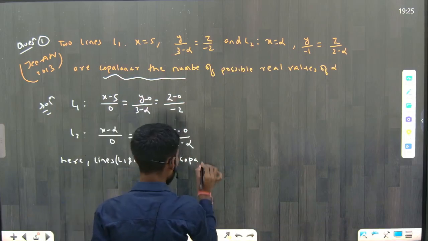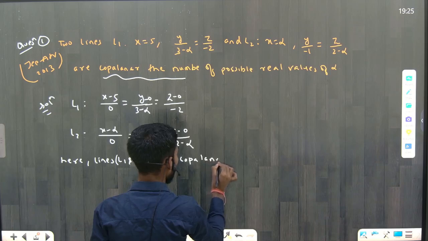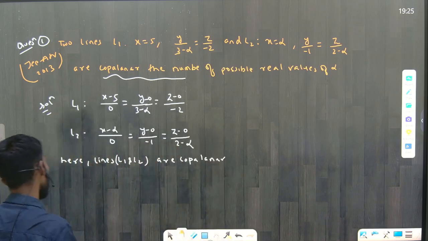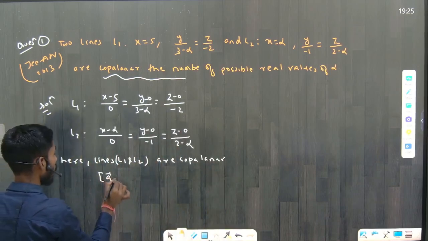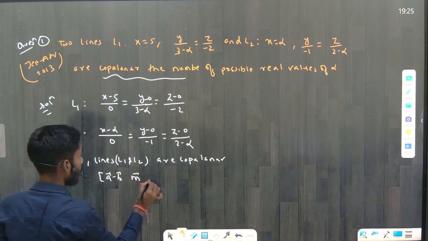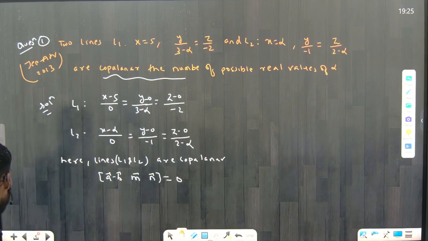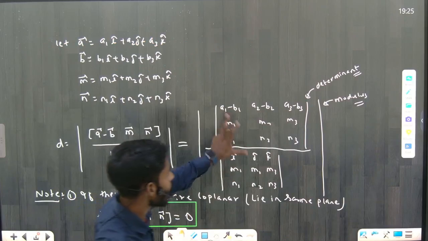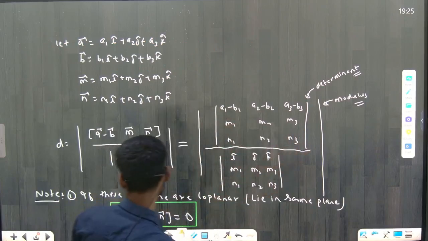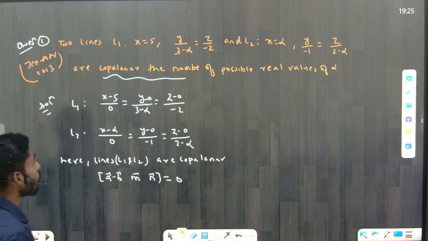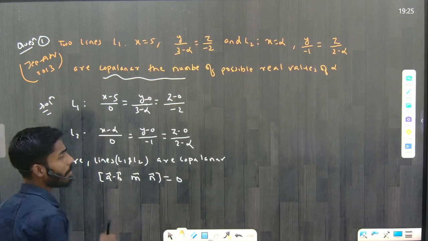Coplanar means the box of a vector minus b vector, m vector, n vector is equal to 0. Why? Because these two lines are coplanar. Coplanar means they lie in the same plane.